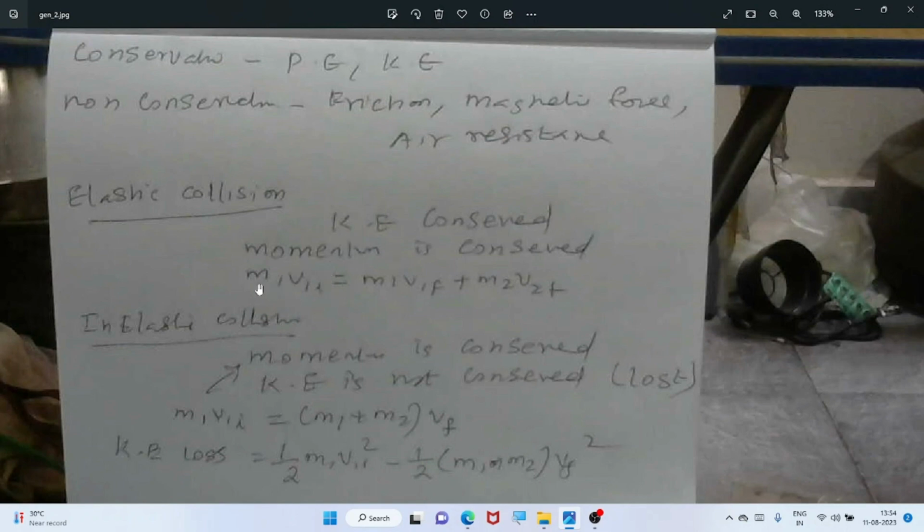When a body of mass m1 collides with m2, the relation is m1v1 initial = m1v1 final + m2v2 final. This is the momentum conservation.